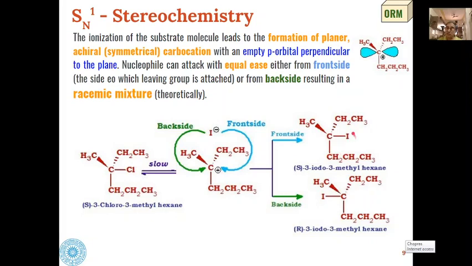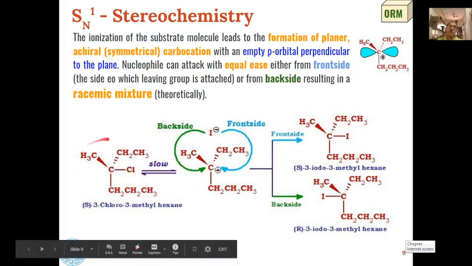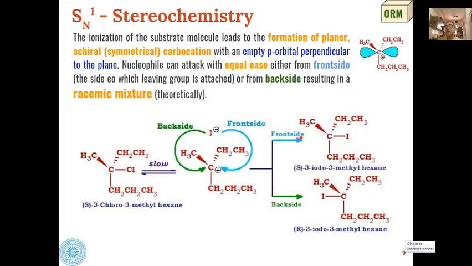That is, the nucleophile will get attached to the same position to which the leaving group was attached. So that means the configuration of the product will remain the same as that of the reactant, right? So if it was an S enantiomer, the product formed by front side attack of the nucleophile will also have S configuration.